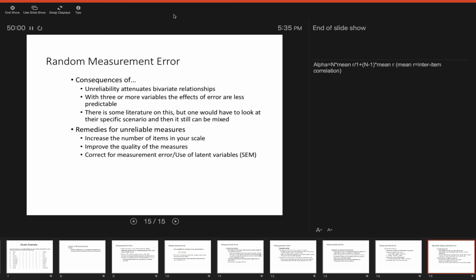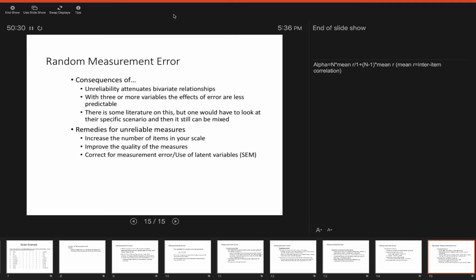So just a couple things. When we have measures that are unreliable, it attenuates relationships between two variables, meaning it suppresses, right? Always suppresses. Nearly always suppresses. Sometimes it can fluctuate. It can just be randomness too, right? And so it nearly always attenuates the relationship between two variables.